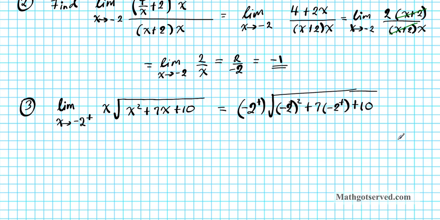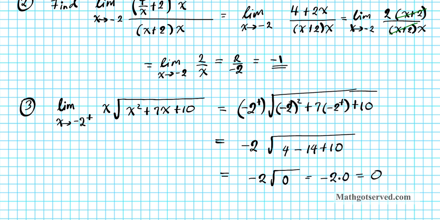We can write this as -2 times the square root of -2 squared is 4, minus 14 plus 10. If you simplify this entire expression, you have -2 times the square root of 4 minus 14 plus 10, which is 0, and your final answer is -2 times 0, which is 0. So there you have it.